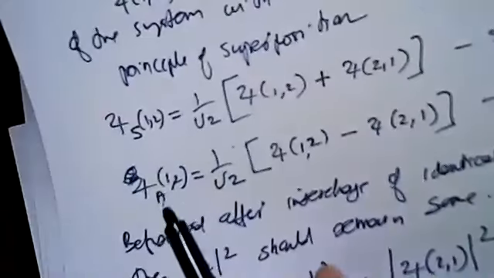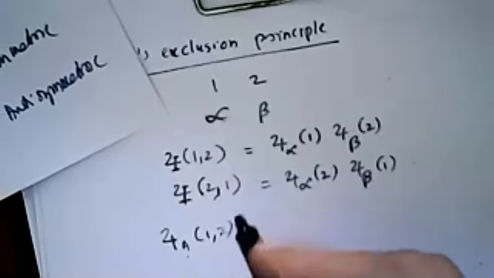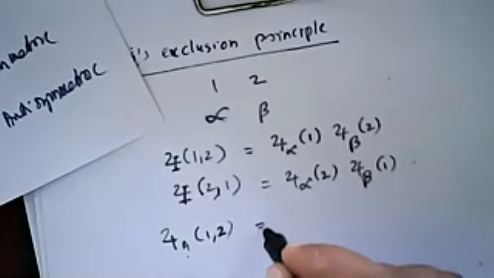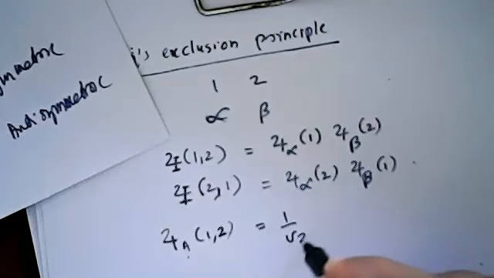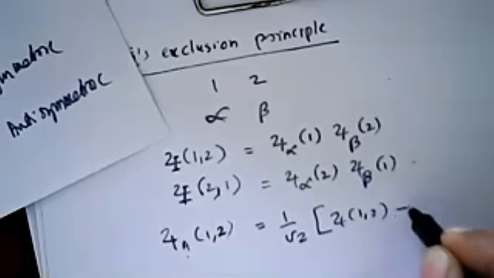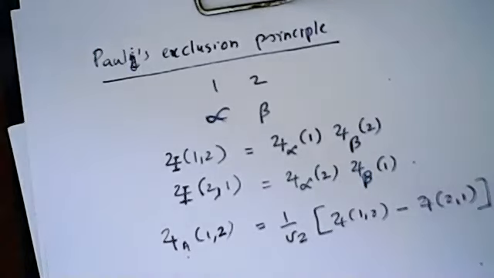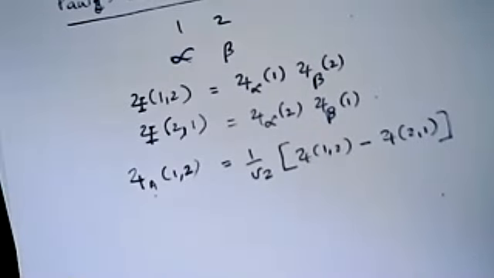So this was our earlier equation. Psi A 1 2 is 1 by root 2 times psi 1 2 minus psi 2 1. This is the antisymmetric wave function. So you take the same equation, psi A 1 2 equal to 1 by root 2 times psi of 1 2 minus psi of 2 1. That is the expression for the antisymmetric wave function.